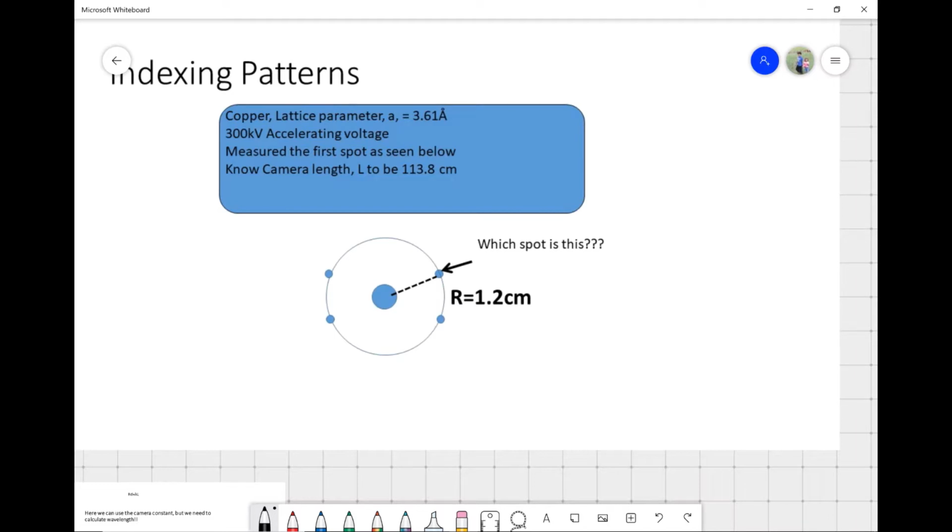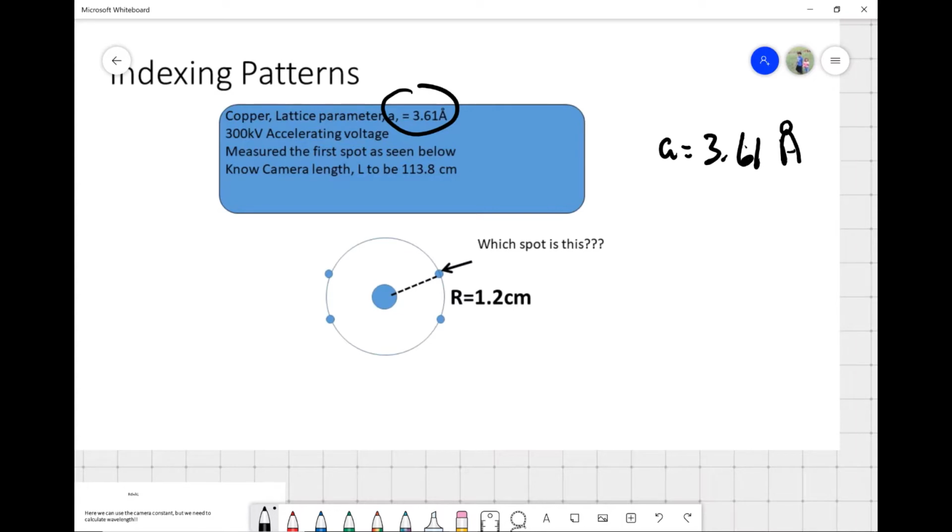So this is a safe assumption. We know our A, little typo there, is 3.61 angstroms, because we know we're looking at copper, because we had to electropolish and etch it to make our specimen.